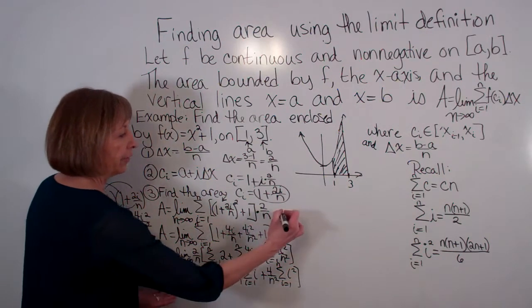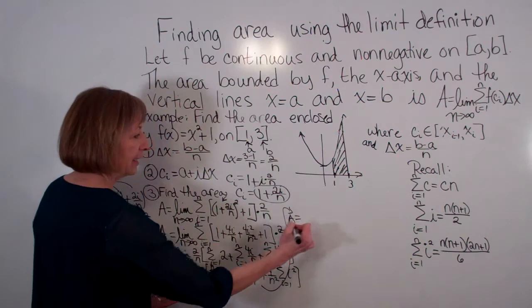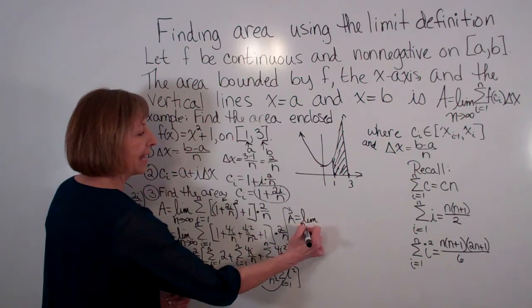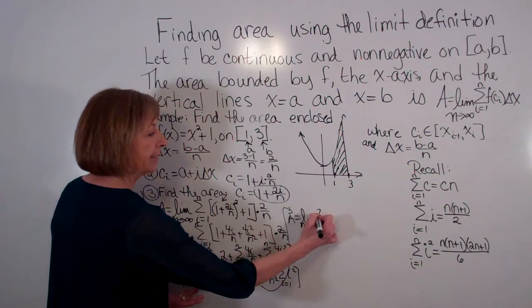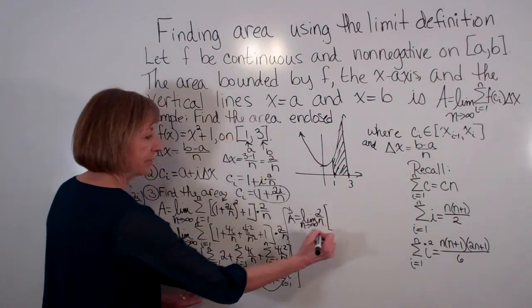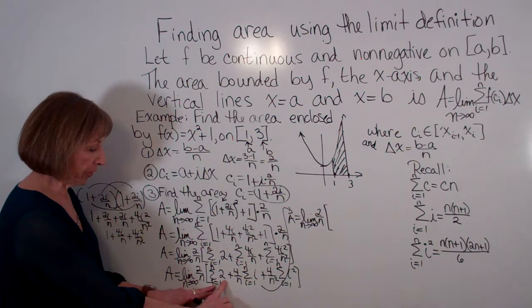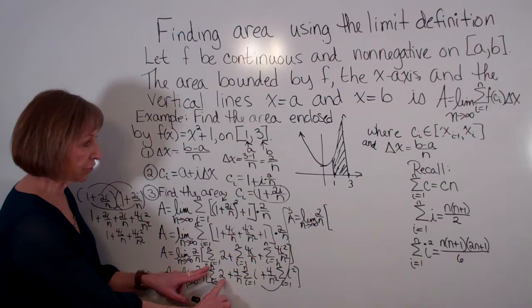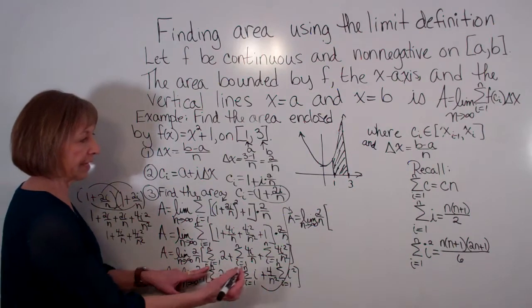So our area is equal to the limit as n approaches infinity of 2 over n times, so summation i equal 1 to n of a number. It starts at 1, ends at n, and it's of a number, so that's just the number times the top out, so 2 times n.